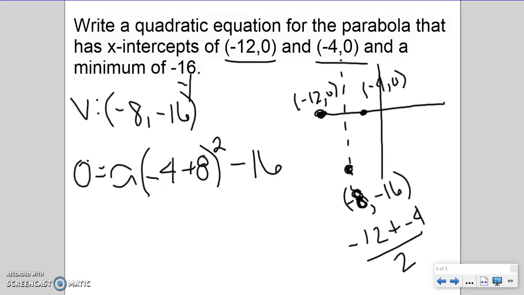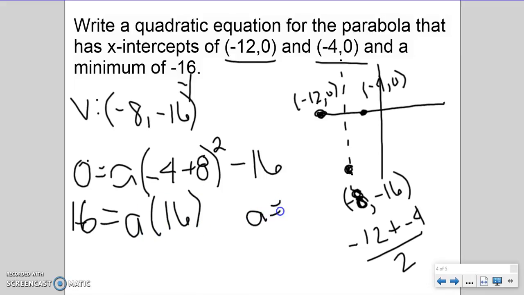So negative 4 plus 8 gives me a value of 4. If I square that, it'll be 16. I'm going to add 16 to the other side. So when I add 16 to the other side, this is going to be positive 16 equals a times 16, which tells me that the value of a has to be equal to 1.